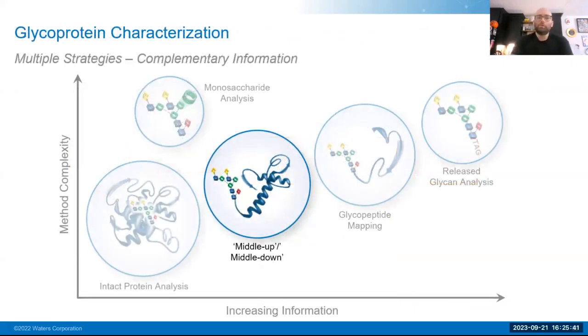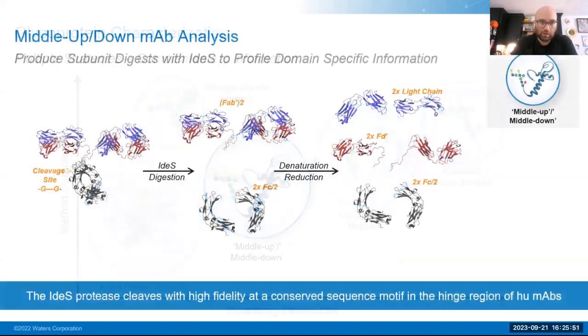But if we want to gain some more information, we can, and when focusing on proteins like mAbs, we can actually leverage more of what we call a middle-up approach, which is provided through a minimal digestion with some specific enzymes, and in this case, IdeS digestion, which cleaves at the hinge region of the mAb itself and releases two different, again, specific pieces of the protein.